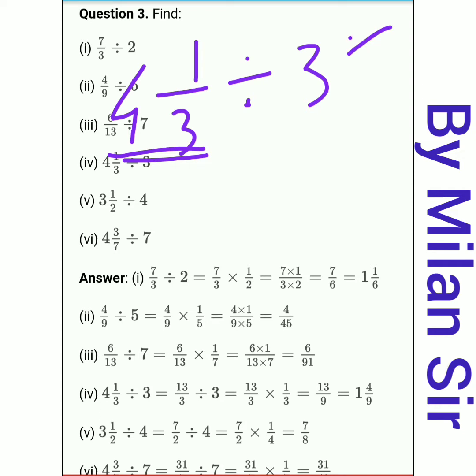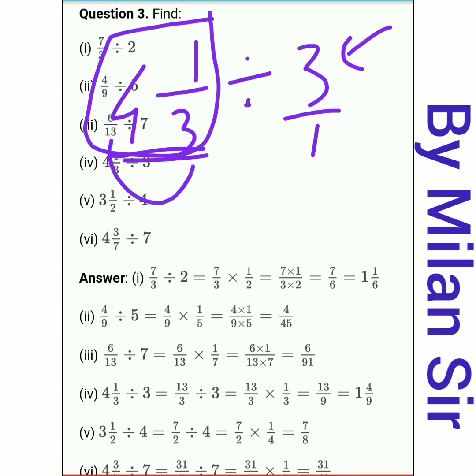First of all, here in the second number 3 is present. Nothing is present in the denominator, so we can write 1. Now just convert this mixed fraction into an improper fraction. So this 3 we need to multiply with 4. So 3 fours are 12. Then we need to add our numerator. So 3 fours are 12 plus 1, 13 by 3.